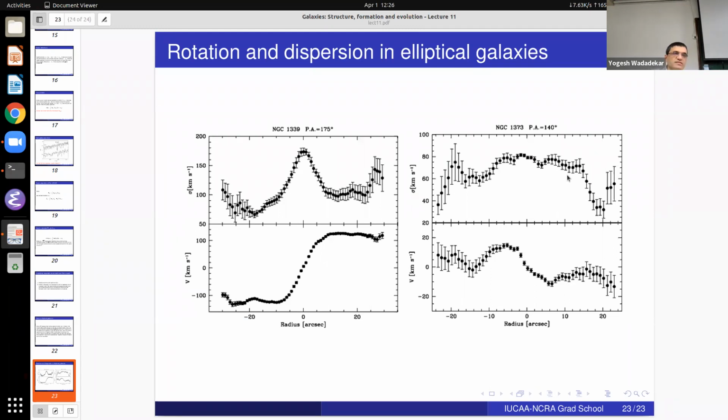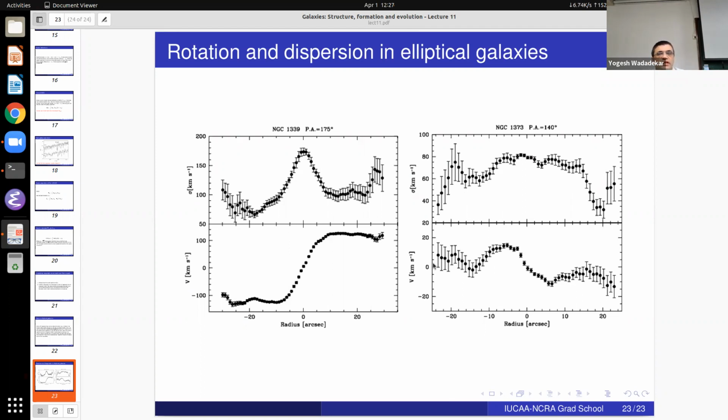Now, over the last 10-15 years or so, it has become clear that, originally, people thought that all ellipticals should be like this. There shouldn't be any obvious structure to the velocities, and they should vary just a little bit about zero.